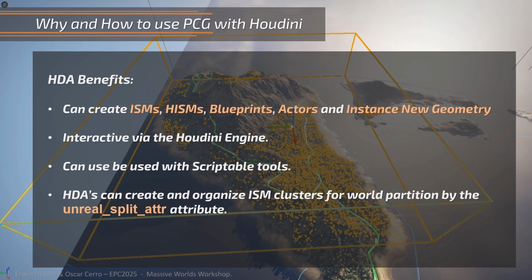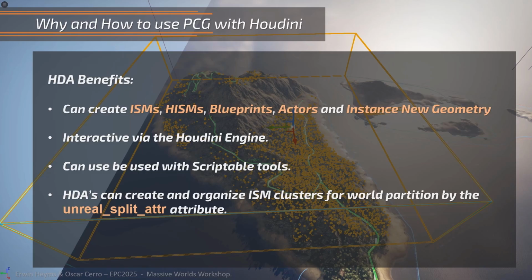It's very powerful. Next to that, it's very interactive because we can control it via Houdini tools running in the Houdini engine. So we can make it do anything we want, and Houdini is a very powerful toolset. We can even use it with scriptable tools because there is a set of Houdini nodes inside the scriptable tools system in Unreal that basically comes with the Houdini engine, right?